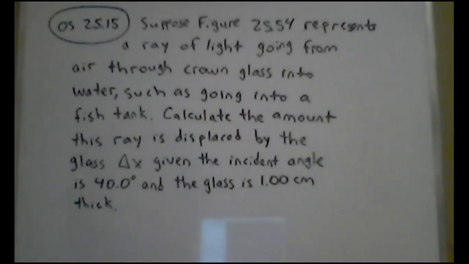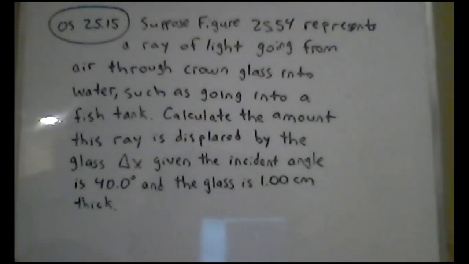Suppose figure 25.54 represents a ray of light, and I'll draw that figure in a minute, going from air through crown glass into water, such as going into a fish tank. Calculate the amount the ray is displaced by the glass, delta X, given the incident angle is 40.0 degrees, and the glass is 1.00 centimeters thick. So generally, when we do face-to-face labs, we actually do something that does this calculation as well.